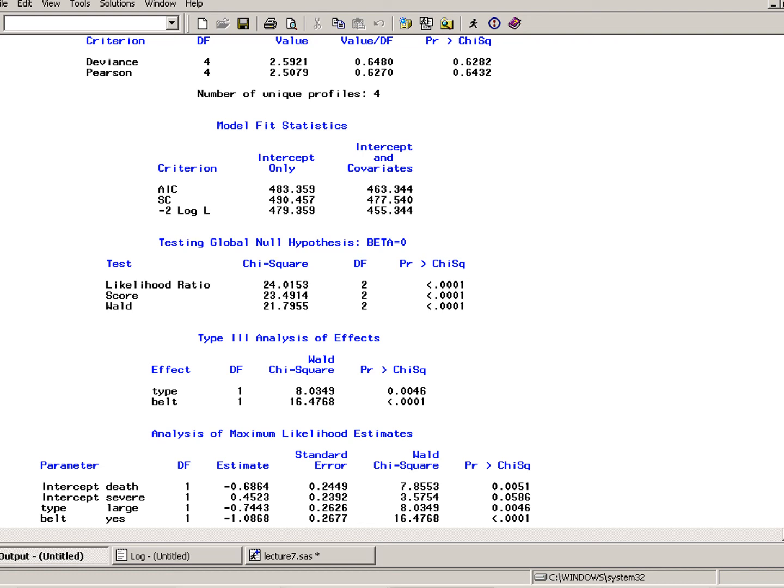Notice the negative coefficients indicate what? The negative coefficients indicate that large cars have a lower incidence of severe injury, and the negative coefficient for seatbelt indicates that those wearing seatbelts have a lower incidence of injury.